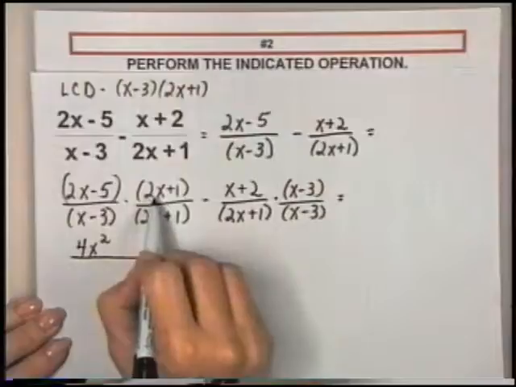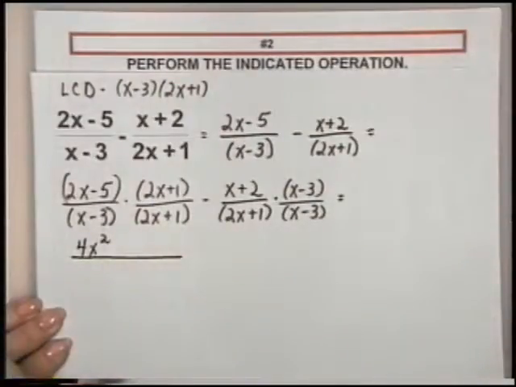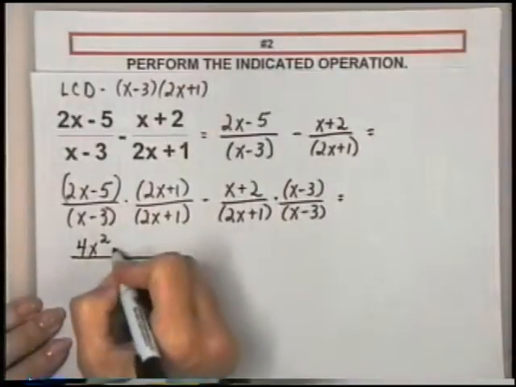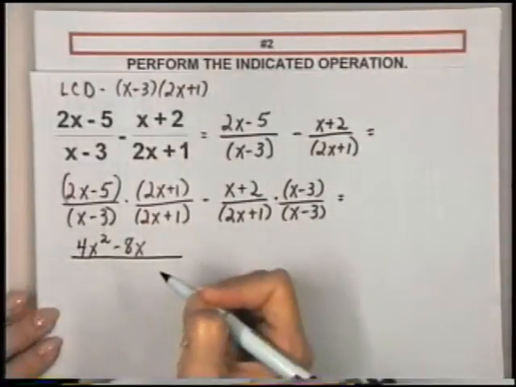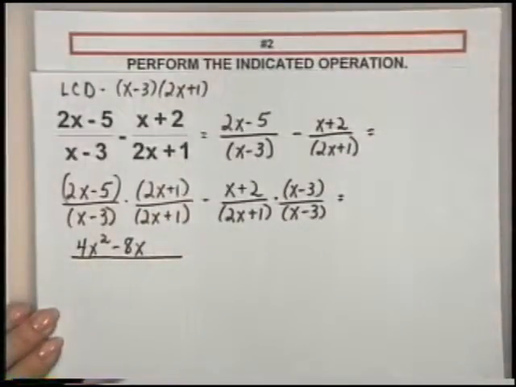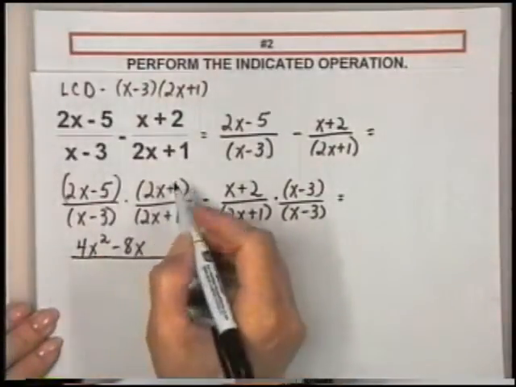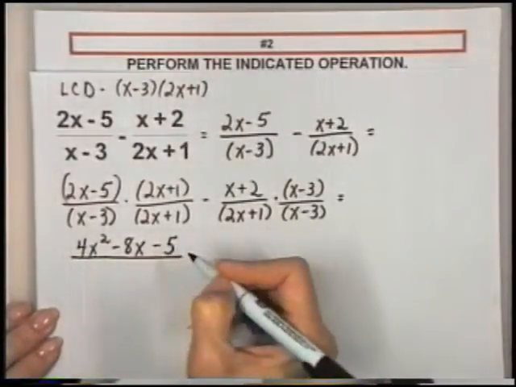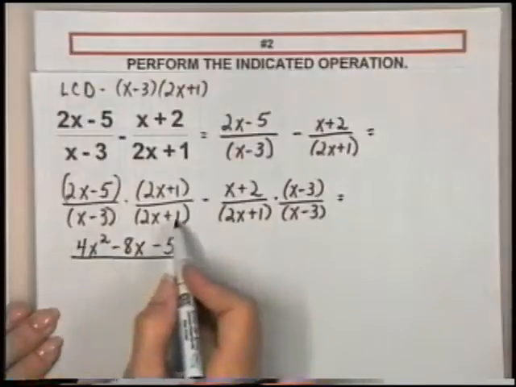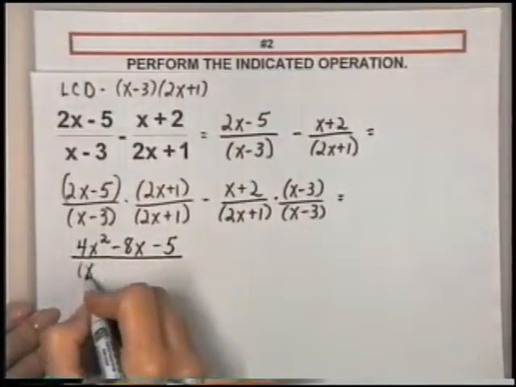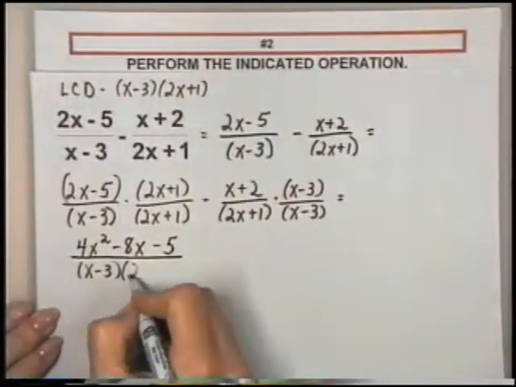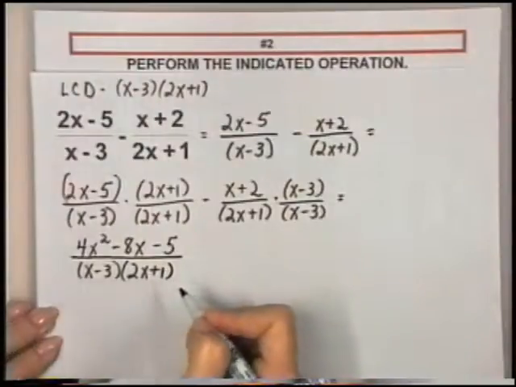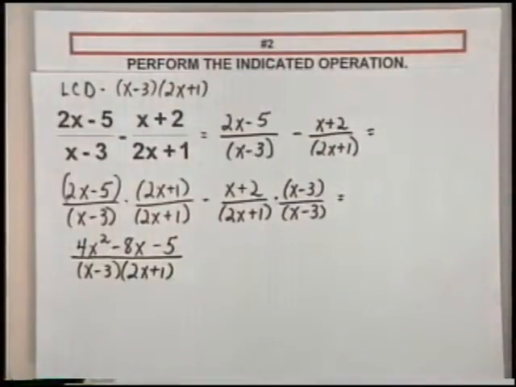For an inner term, we get negative 5 times 2x, which is minus 10x. Combining 2x and minus 10x, we get minus 8x for a middle term. For the last term, we say negative 5 times 1 is negative 5. Let's write the denominator.